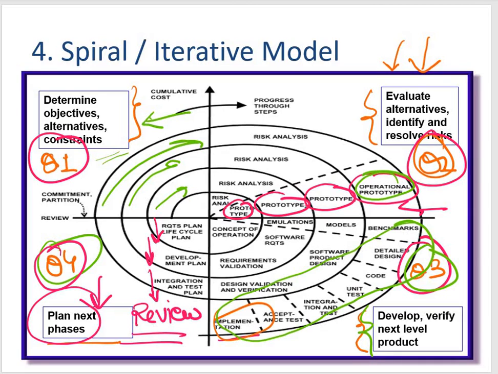Now these risk solutions are more easily done by developing a prototype, which we saw in case of prototype model as well. Now the spiral model supports coping up with risks by providing the scope to build these prototypes at every phase of software development.